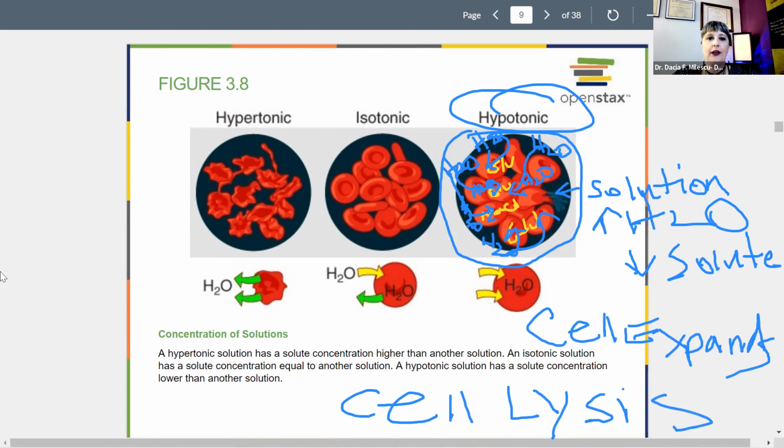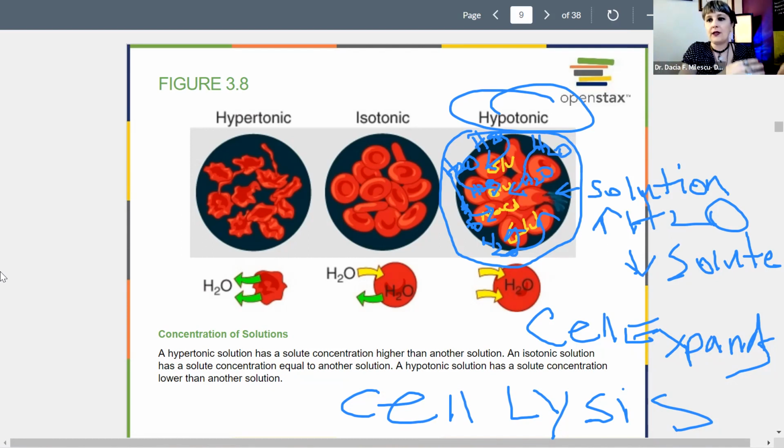Okay, so there you have it in a nutshell. Again, water goes from a higher concentration to a lower concentration down the concentration gradient. Water likes to go from an area of lots of water to an area of lower water where there's more solute. In essence, water follows solute. So if we have a solution and we dump a cell in it and the solution is high salt, then obviously it's a lot of sodium chloride and less water.